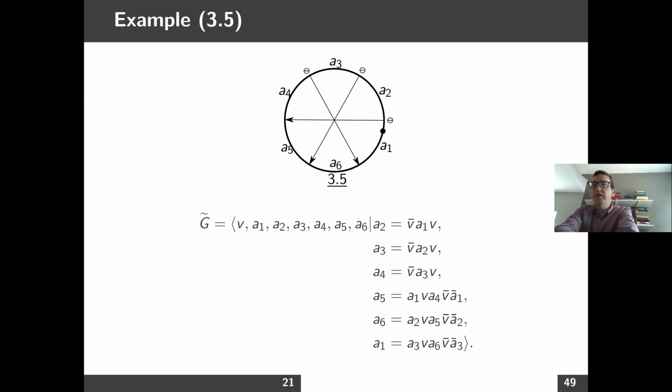As you walk along the arcs of the Gauss diagram, you have a relation every time you come to a crossing point. When I go to an overcrossing arc, I'm going to get a relation of the form V A V inverse, or V inverse A V, corresponding to whether that's a positive or negative crossing. When I go through an undercrossing, I use the other relation for the extended group.